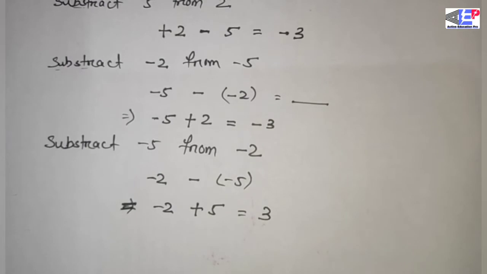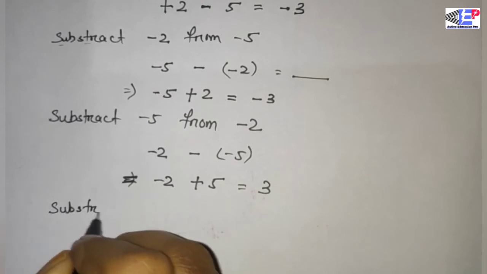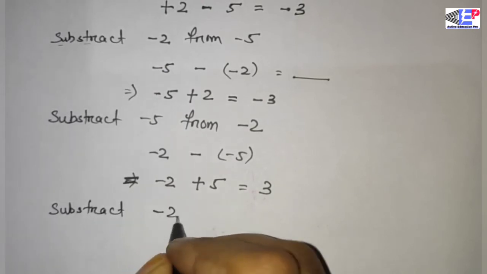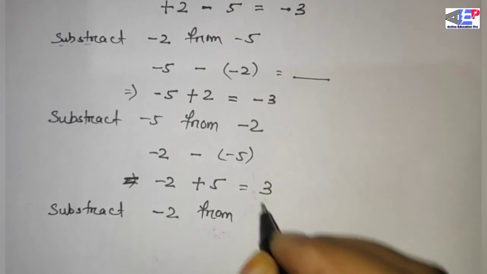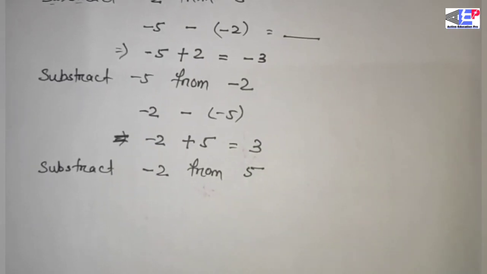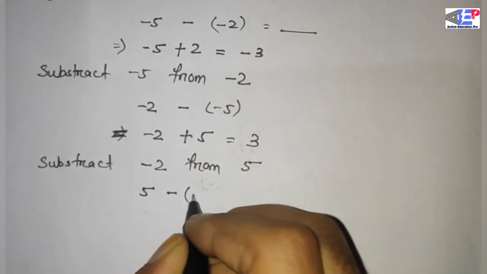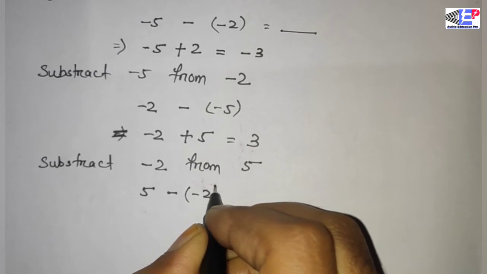Now subtract a negative from a positive number. Subtract minus 2 from 5. So it will be 5 minus minus 2.